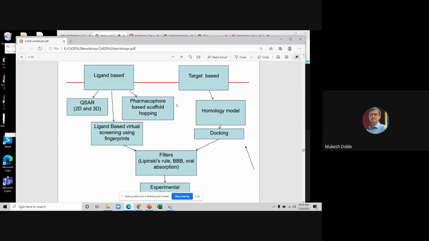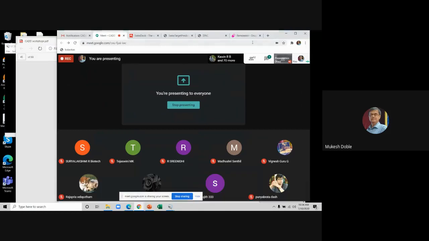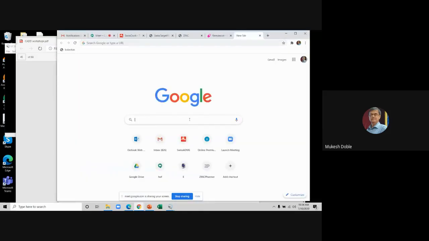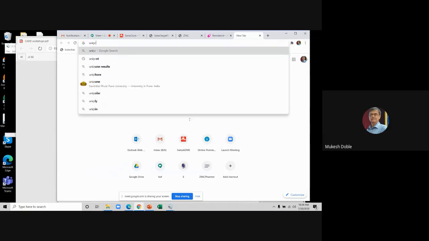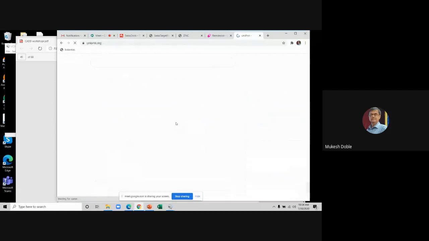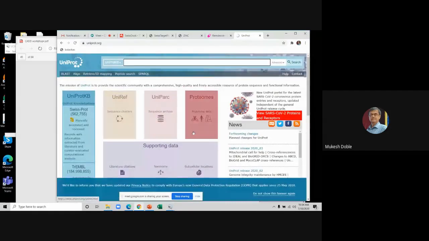Sequences of millions of proteins are stored in a database that's called the UniProt database. A lot of sequences are stored there, actually millions of sequences.